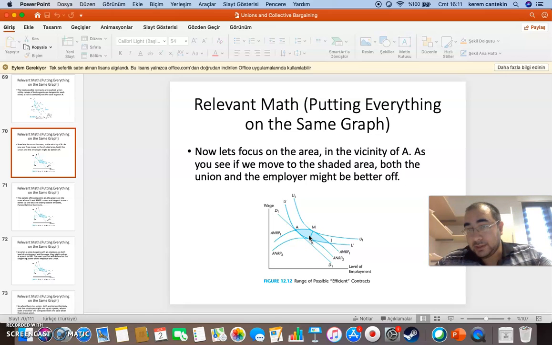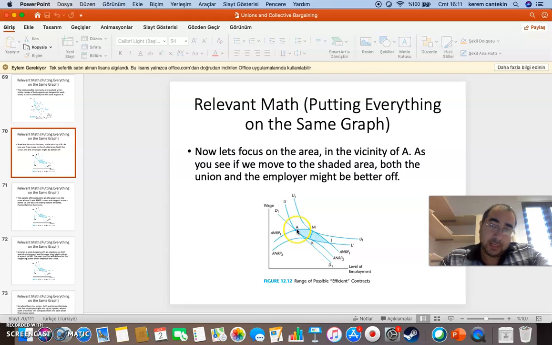But by doing that, the union also accepts a certain level of wage decrease, and that wage decrease is more than enough for the company to get a higher level of profit.